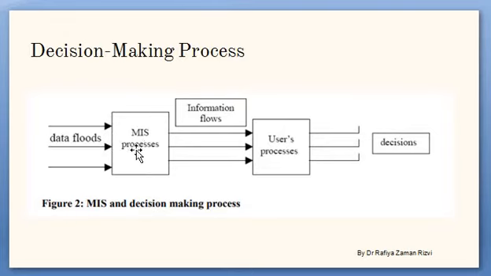Once the data enters the MIS and it is processed, it turns into information. This information then flows to the user processes. The user is shown this information, and the user would be the manager or the person who analyzes the data or reads the analysis that is done by the MIS, and then takes the decision based on this information.